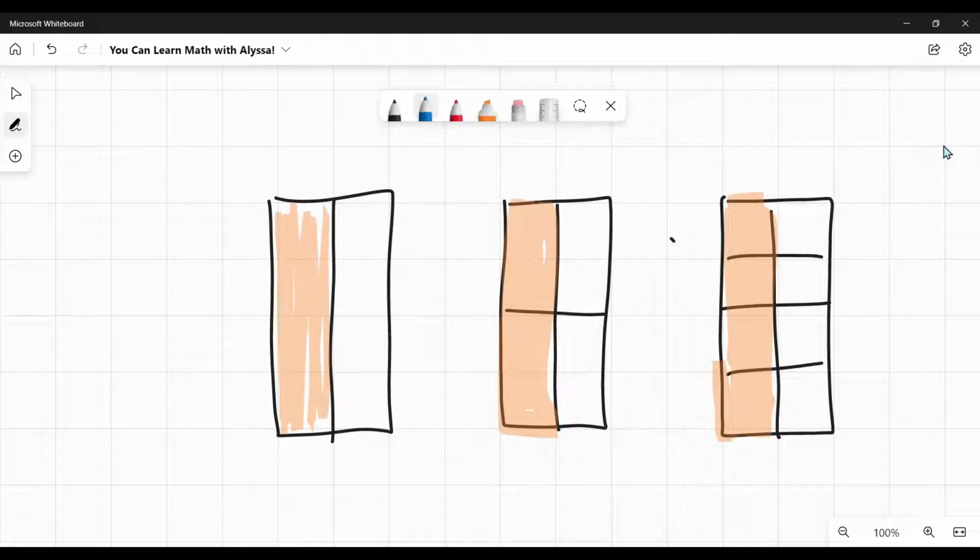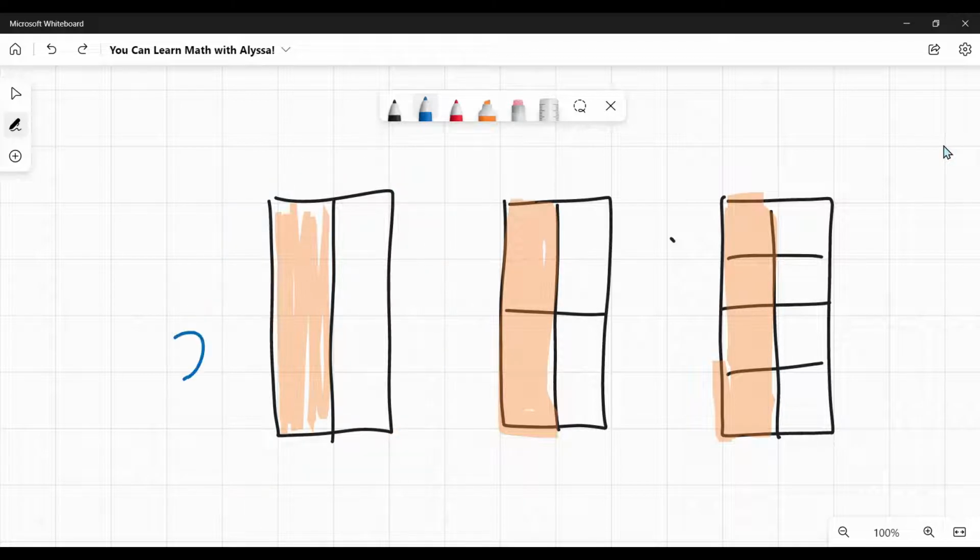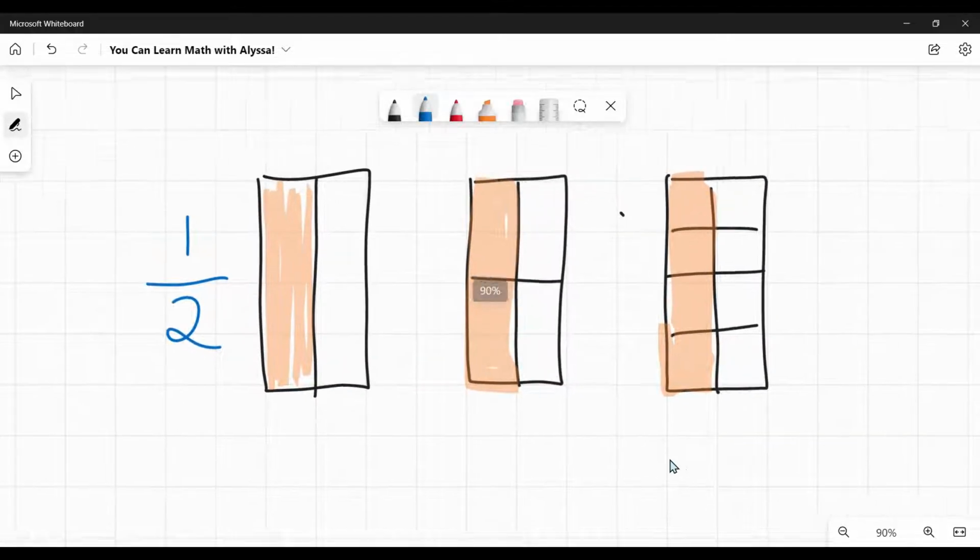What have I shaded? In the first one on the left, I have 2 parts, and I've shaded one of them. So I've shaded 1/2.